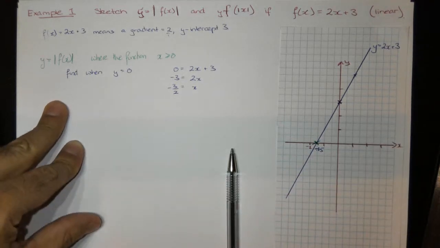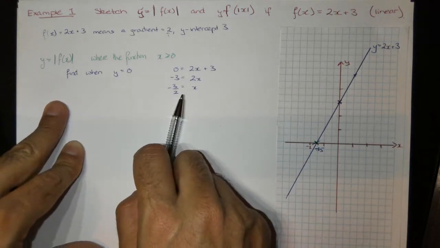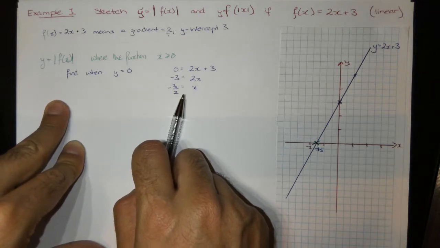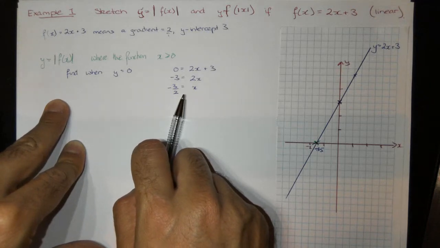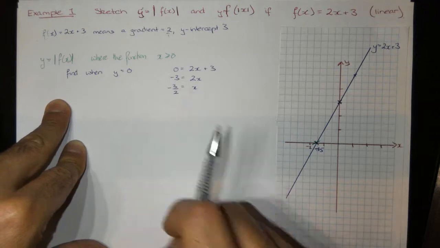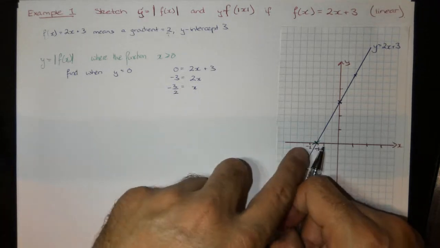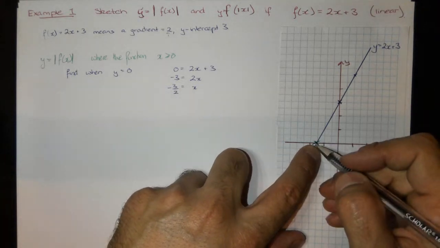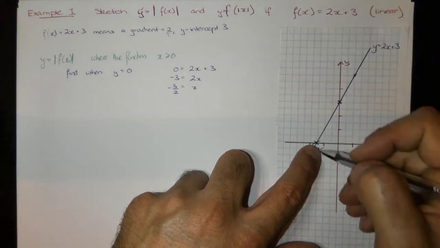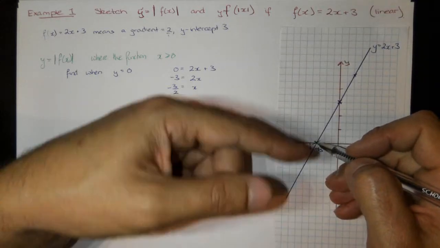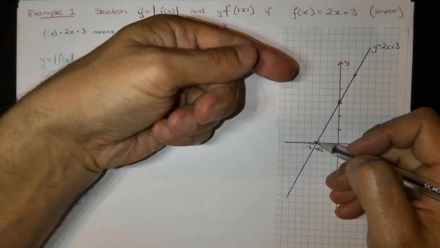So that is my x-intercept, and I want to reflect this part around the x-axis. I want to flip it.